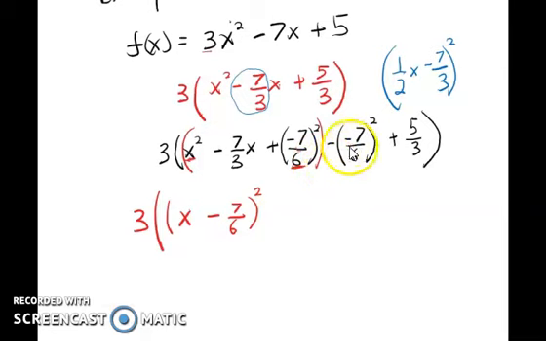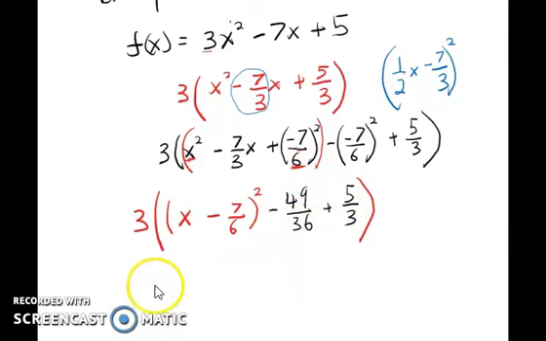Then we continue expanding this. So we have a minus. When we square this, we get 49 over 36. Then we add 5 over 3. Don't forget to put the bracket here. We can simplify this by multiplying by 12.